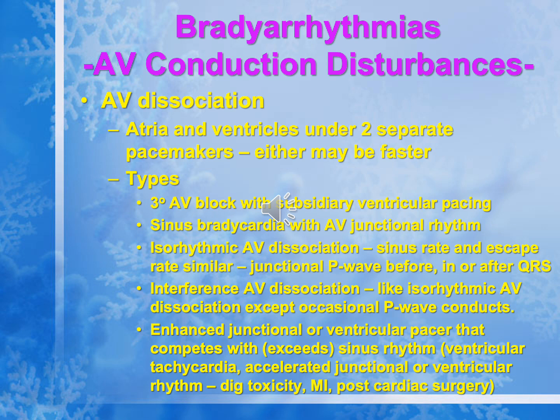Isorhythmic AV dissociation, when the two atrial and ventricular rates are similar, and the junctional P wave may be before, in, or after the QRS complex.